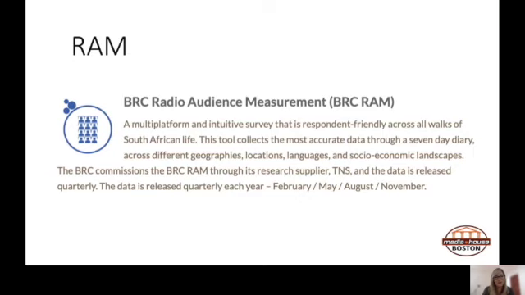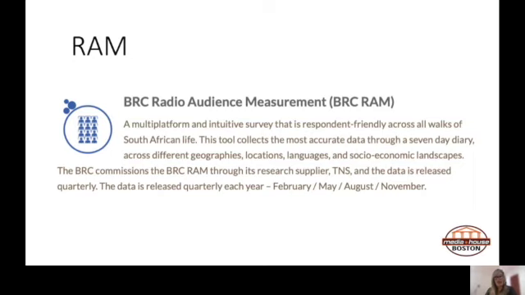This tool collects the most accurate data through a 7-day diary across different geographies, locations, languages, and socioeconomic landscapes. The BRC commissions the BRC RAM through its researchers, applied TNS, which is also Kantar, which I spoke about briefly previously, and the data is released quarterly. So the data is released Feb, May, August, and November, or it's supposed to be released at that time.